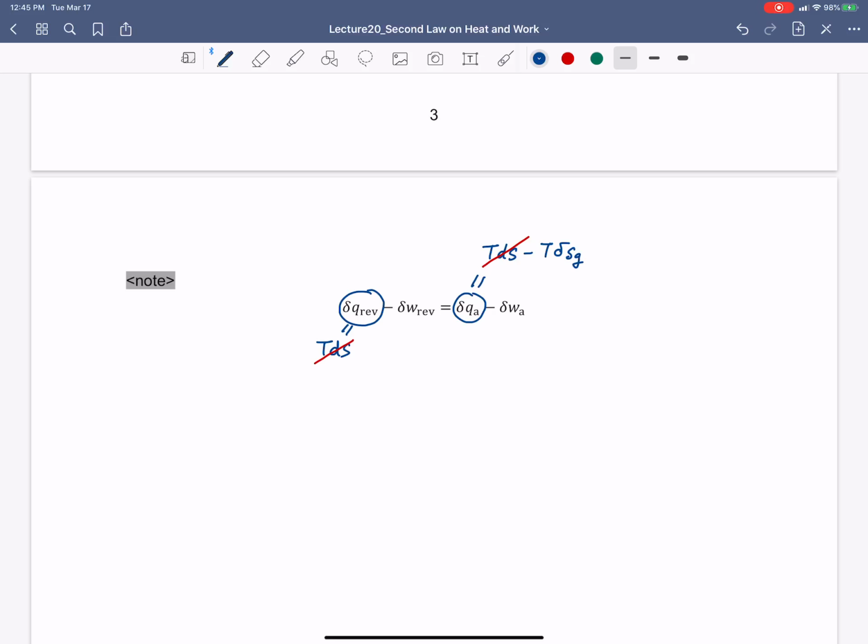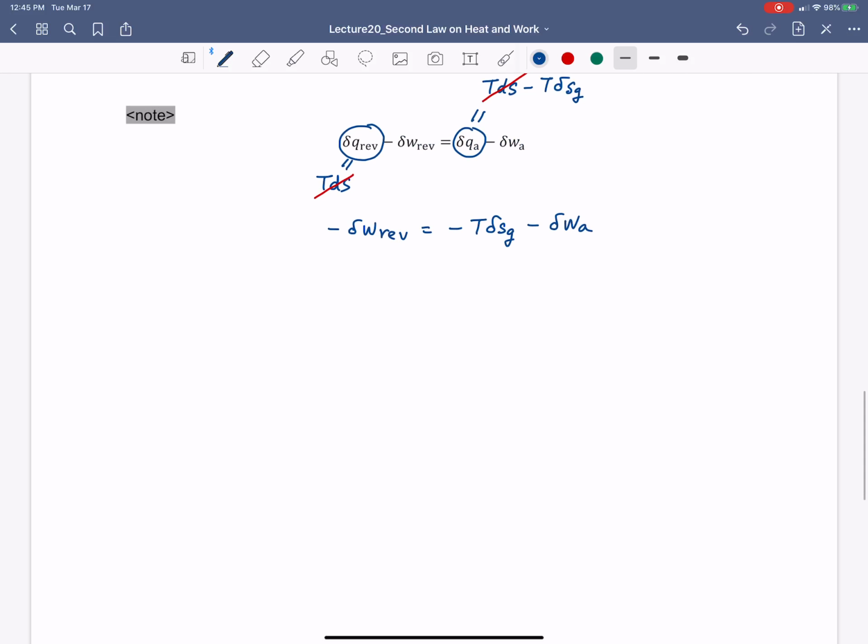So what you have is minus delta WREV equals minus T delta SG minus delta WA, or delta WA can be written as delta WREV minus T delta SG.